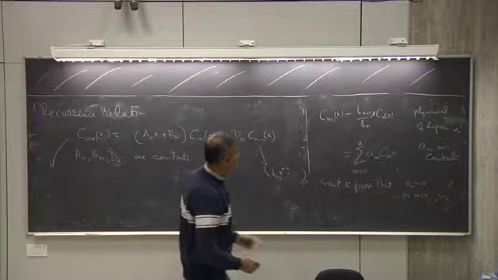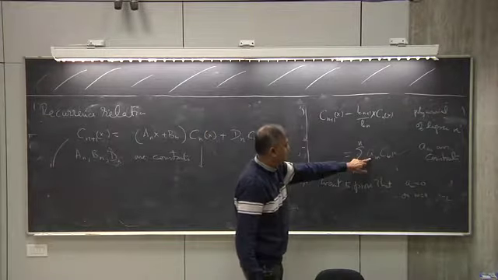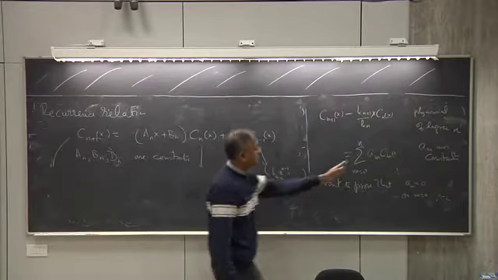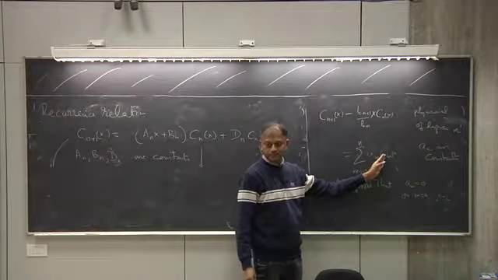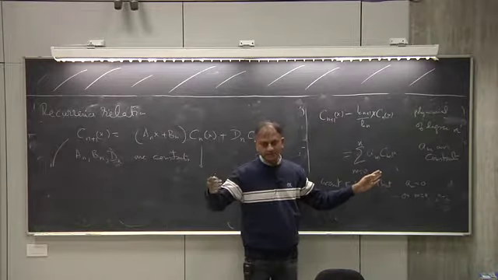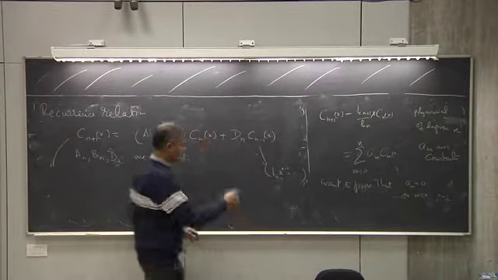So let's see. How will I compute a_m? Well, if I want to compute a_m from here, I just multiply this by c_m, and integrate with the weight w times c_m, integrating both sides.